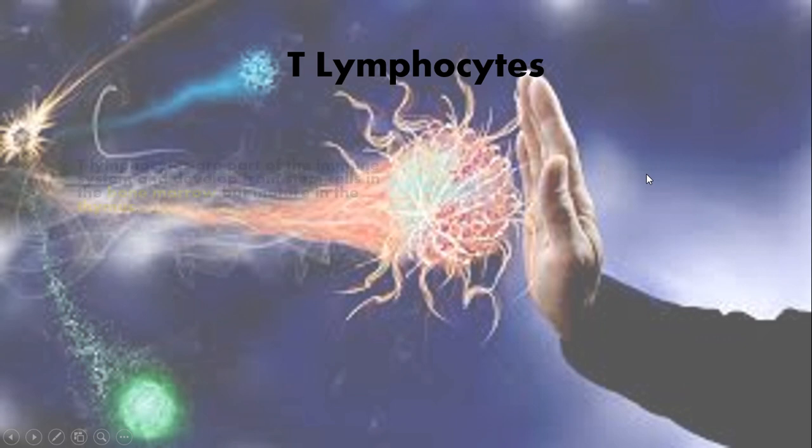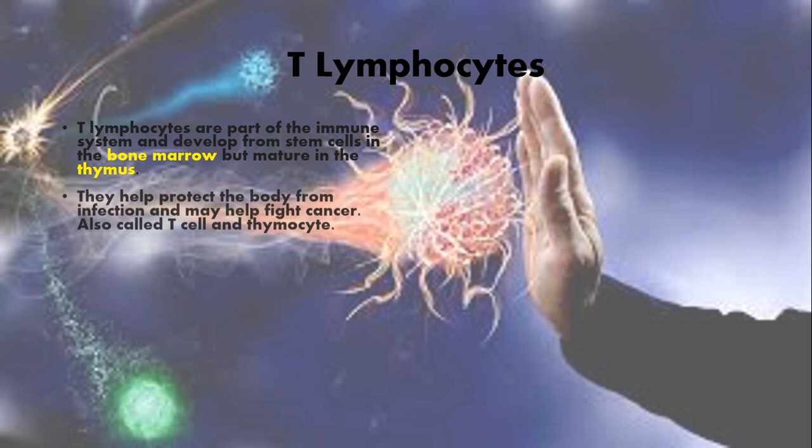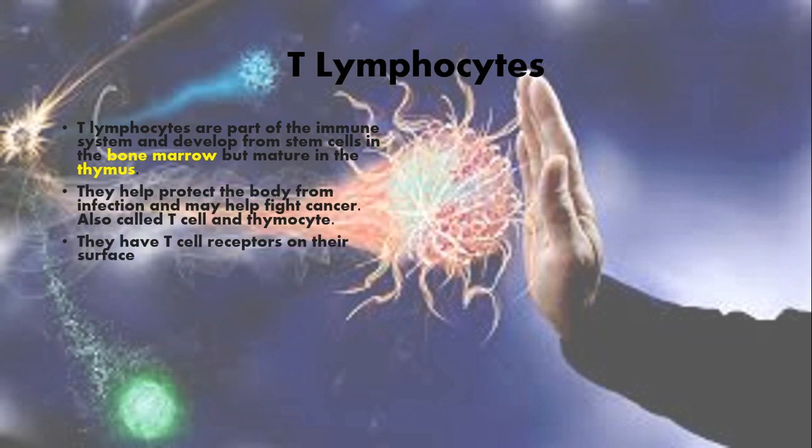T lymphocytes, on the other hand, are a very important part of the immune system. They are formed in the bone marrow, but unlike the B lymphocytes, they do not mature in the bone marrow. Instead, they mature in the thymus. They are very important in the protection against certain infections, but most importantly, they can also help in the fight against cancerous cells.